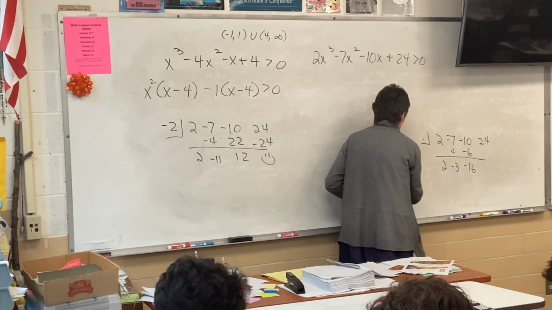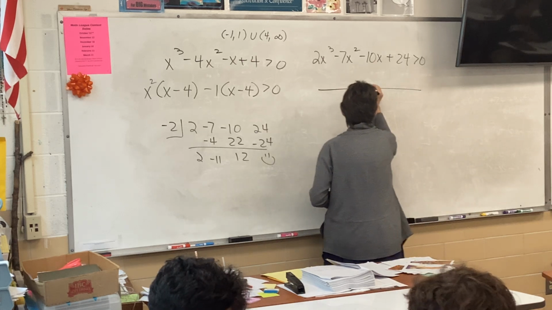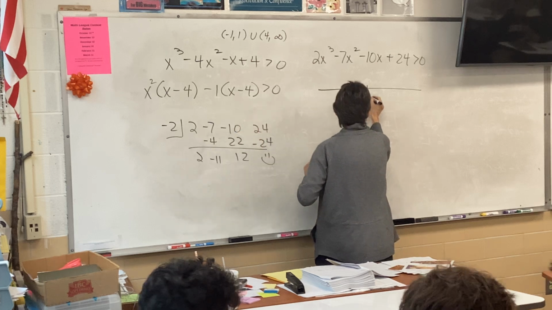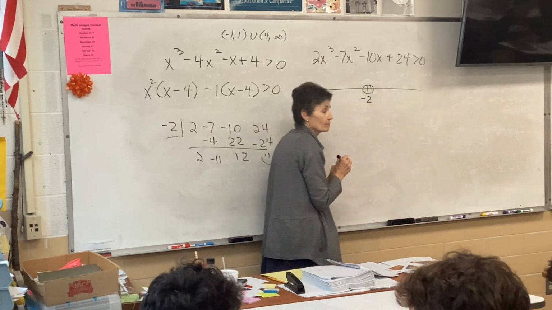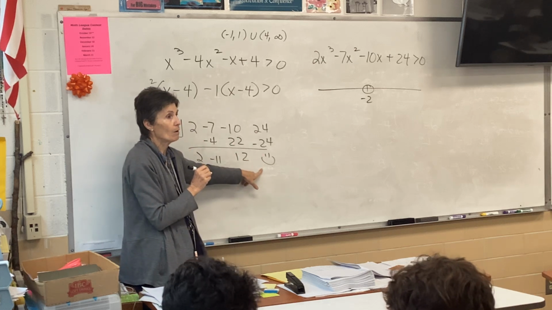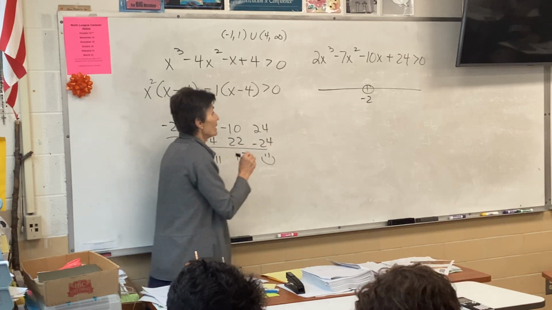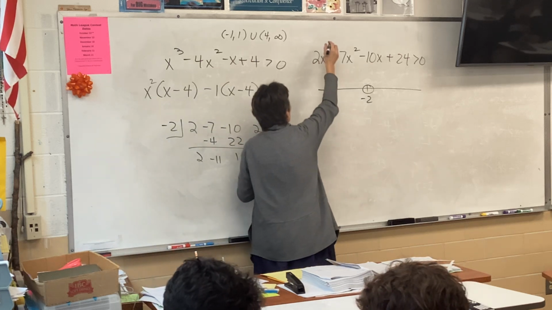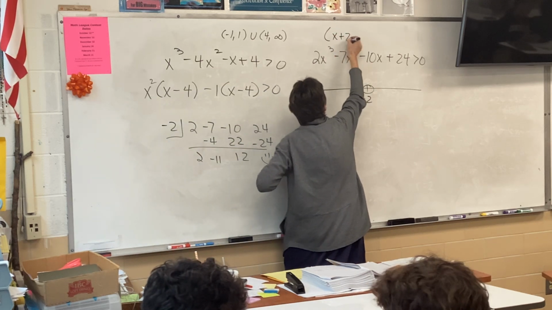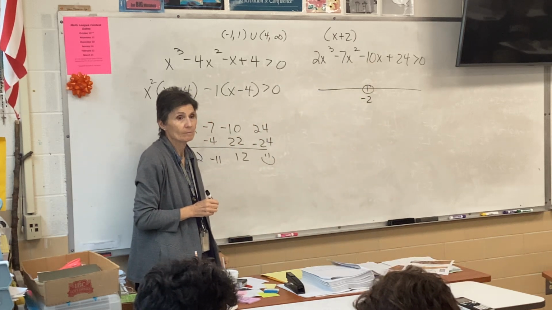That means that one of the dots on my number line is going to be at -2. This number gave me 0, so it's a zero. It's on the number line. I also know that one of my factors is x plus 2.